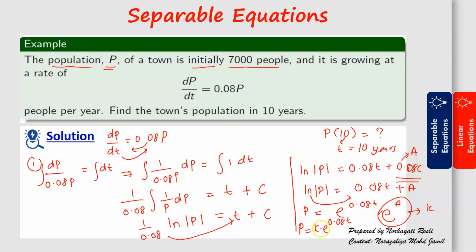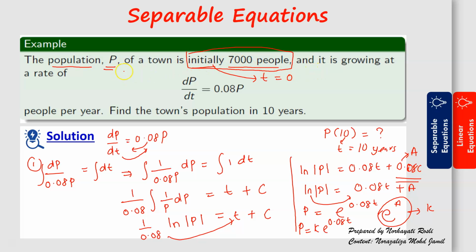But we are already given a time here. The question asks for the value when we have 10 years. And in the question, we actually have an initial value. Based on this, you can extract the initial value from this information. It means that initially there are 7,000 people. When we mention initially, our time is equal to 0.